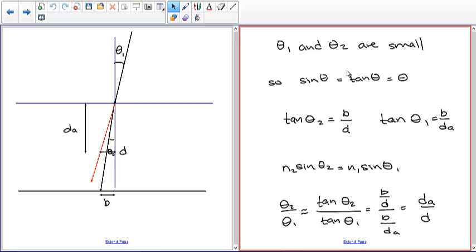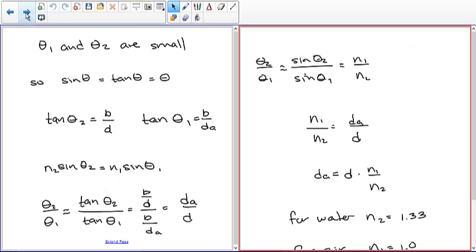You can then use the same kind of argument on Snell's law. If you take this equation and find the ratio of theta 2 over theta 1, it's going to be equal to N1 over N2, making the assumption for small angles that theta is equal to the sine of theta. This is from geometry, and this is from Snell's law.